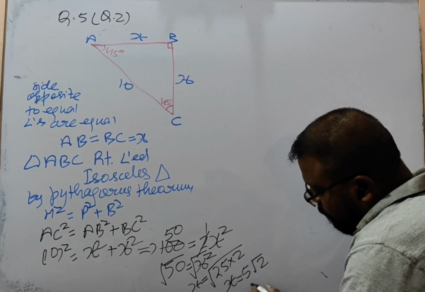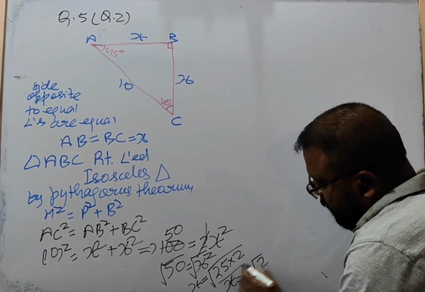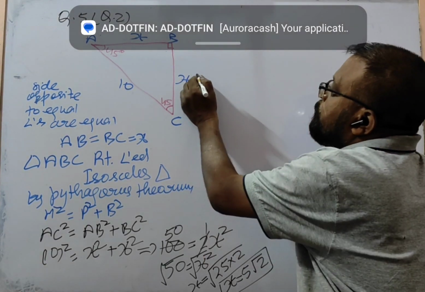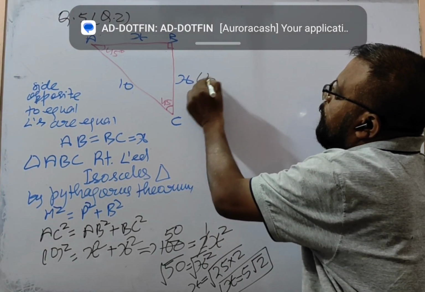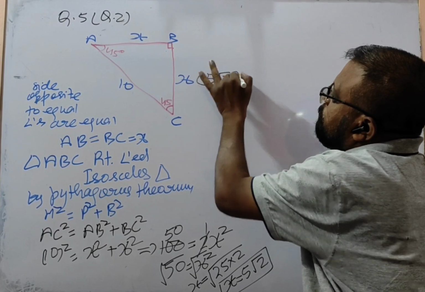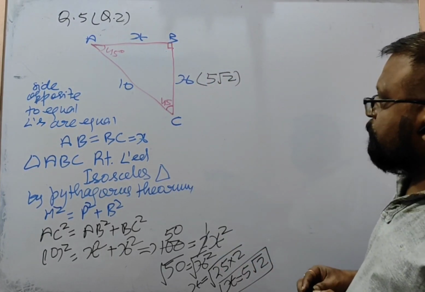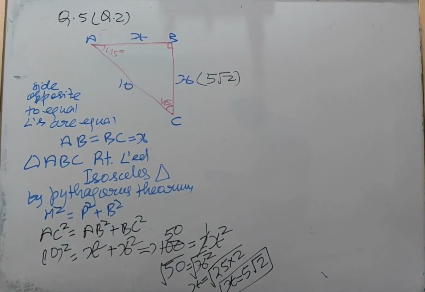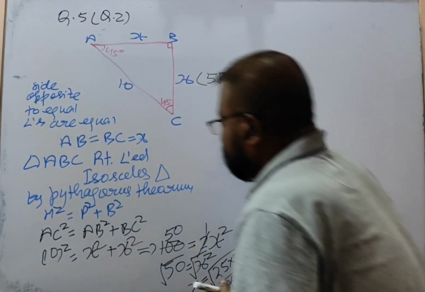So that comes out as 5, and x is equal to 5 root 2. I hope you understand.